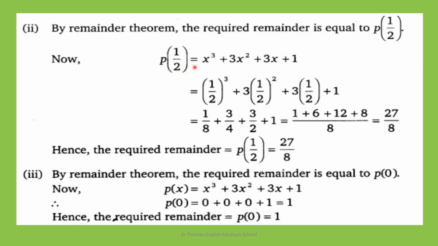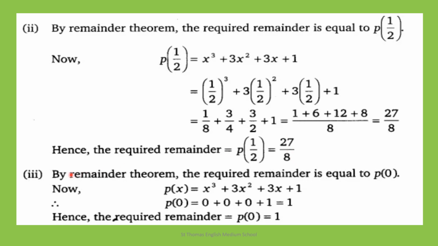So p of 1 upon 2 equal to 1 by 2 cube plus 3 multiplied by 1 by 2 square plus 3 multiplied by 1 by 2 plus 1. So you will have 1 upon 8 plus 3 upon 4 plus 3 upon 2 plus 1. Taking the LCM, you will have 1 plus 6 plus 12 plus 8 upon 8. That is equal to 27 upon 8.